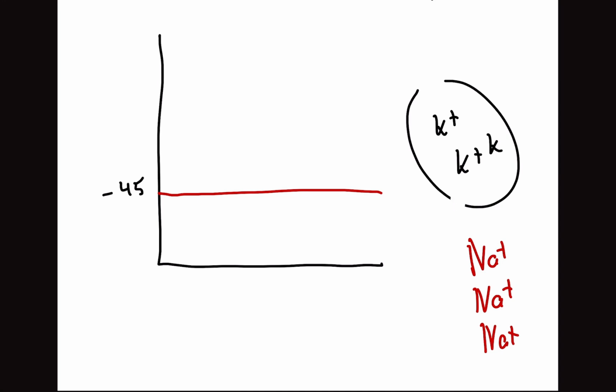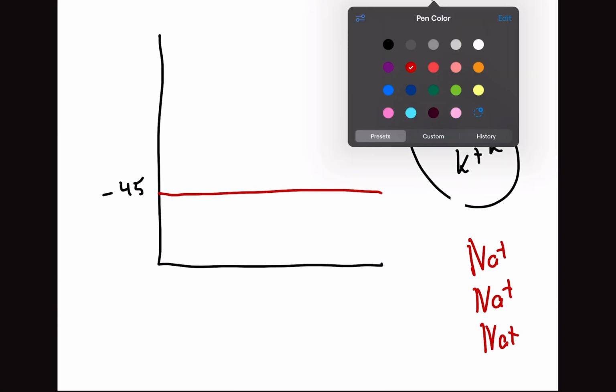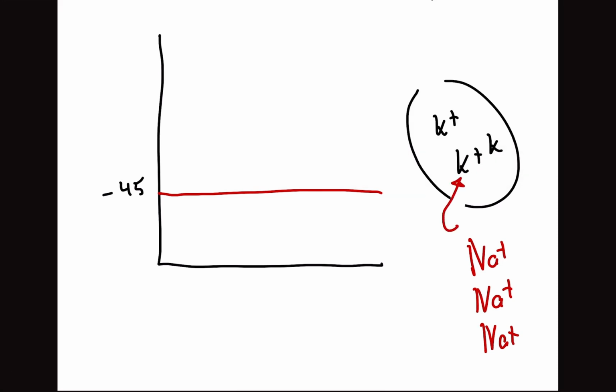The same amount of sodium ions is going to enter the cell as the same amount of potassium ions are going to exit the cell. Because this is a potassium channel, this is a sodium channel. Same voltage, same time, same amount of ions.